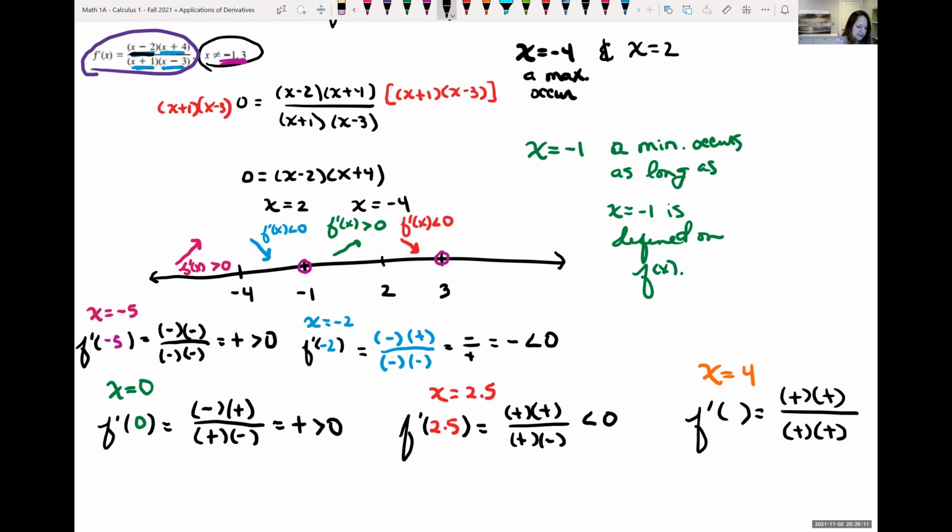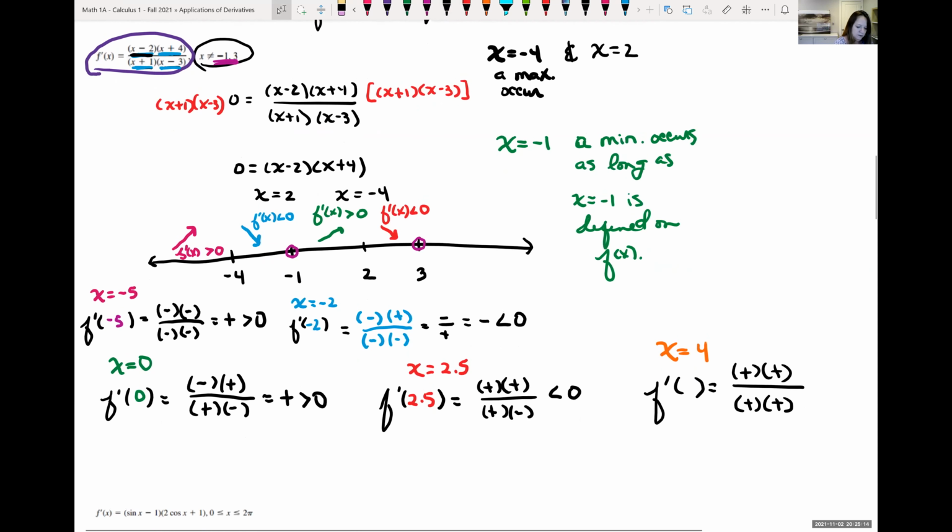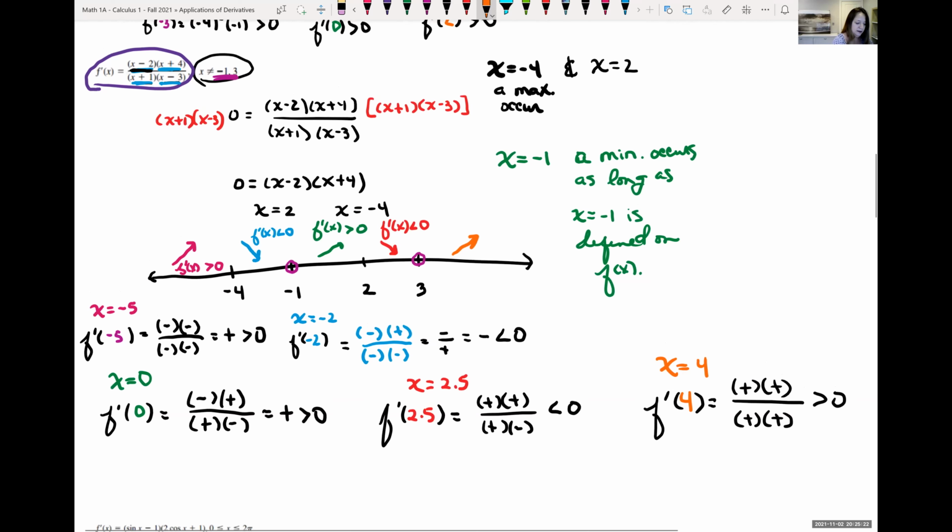So this is greater than 0, so I know that this is increasing on the right-hand side of 3.